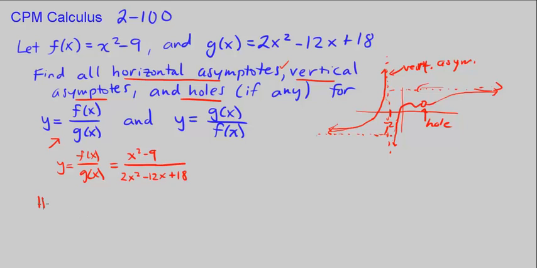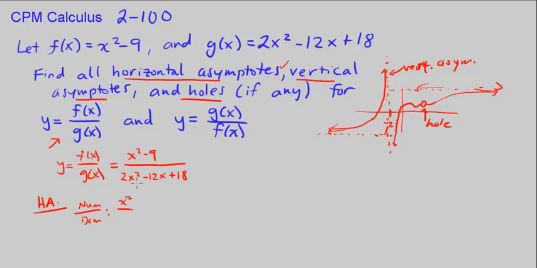So how do we find our horizontal asymptotes? If you can remember, we are going to look at the numerator and denominator, and we're going to look at the highest power of x. So in the numerator we have x squared, that's the highest power of x.